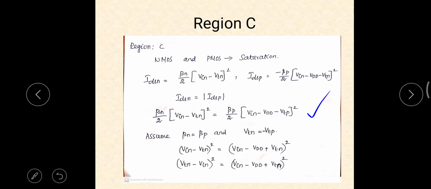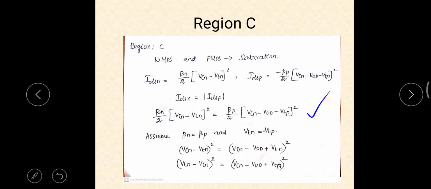To do that I am assuming the gain of NMOS and the gain of PMOS are equal, and the thresholds of NMOS and PMOS are equal in magnitude. That is beta n is equal to beta p and VTN is equal to minus VTP. So these values are substituted in the above expressions so that beta n and beta p cancel, and 2 and 2 cancel.